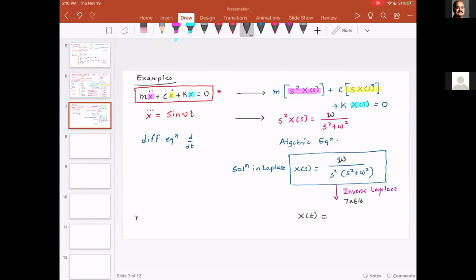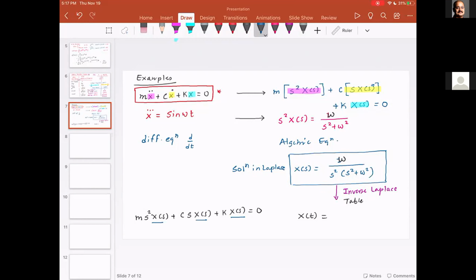So this equation becomes m s square x of s plus c s x of s plus k x of s is equal to 0. Now please note, everywhere in this entire equation, x of s is common.